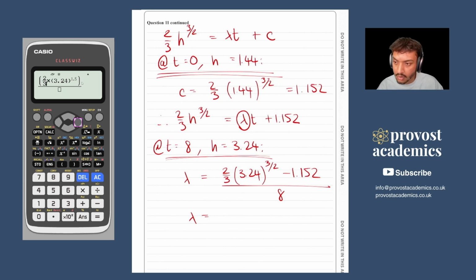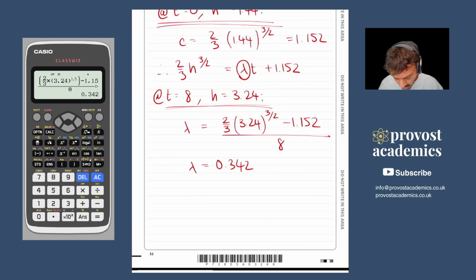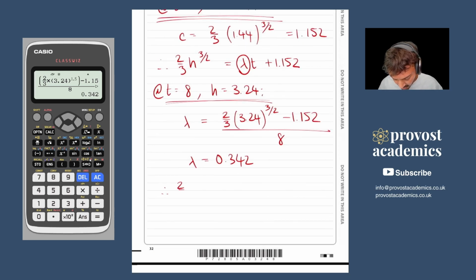Shouldn't be an issue, but in an exam you don't want to lose a trivial mark just because you didn't use another set of brackets. Over 8. Oh, what happened there? Yeah, there you go. So my answer is 0.342. Then finally I get 2/3 h to the power of 3 over 2 equals 0.342 t plus 1.152.